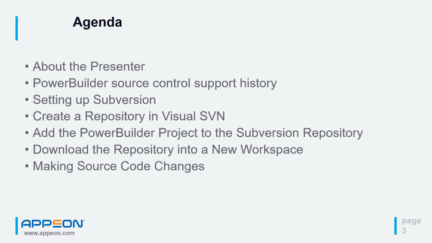Most of the systems that PowerBuilder supported prior to this all used exclusive locking, so that you would lock a file and then edit it, and while you had it locked, no other developer could make changes, and so you didn't need to worry about incompatible source code changes. Those incompatible source code changes are called merge conflicts, and so we're going to see how that happens and what we can do with Subversion to avoid this happening.